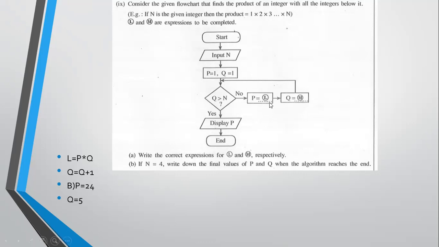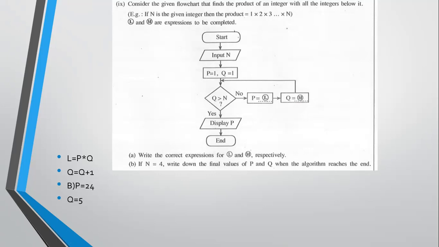After getting the multiplication, you have to increase Q by 1. So Q is assigned Q plus 1. M answer is Q plus 1. Then you need to move to the next number.